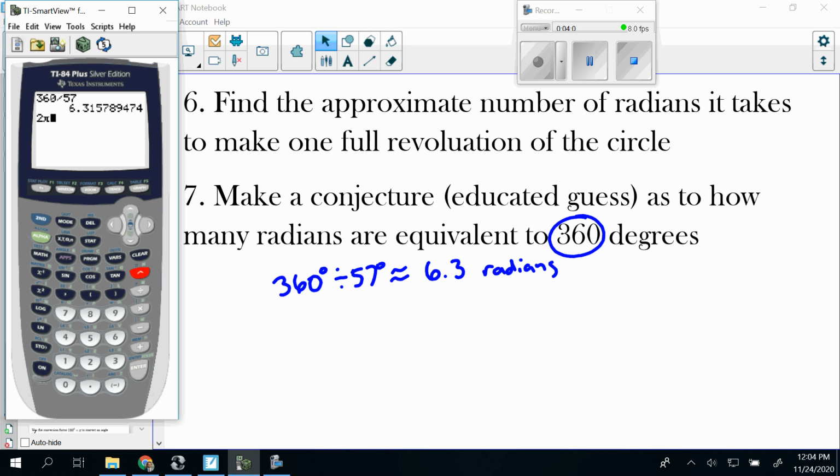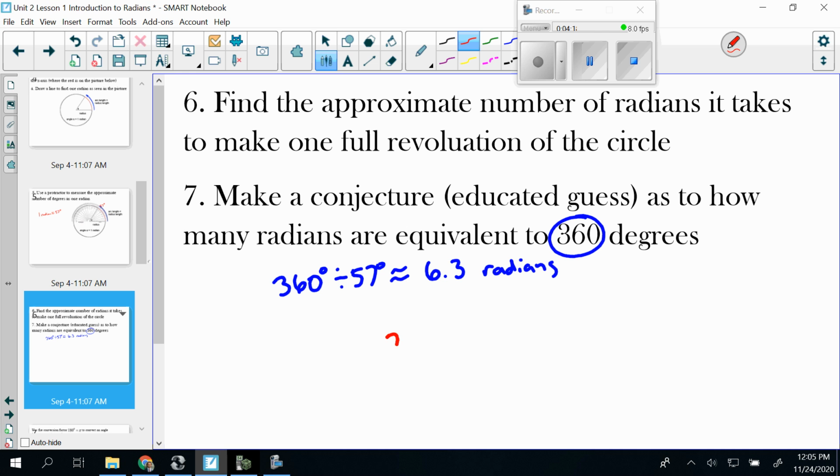If you enter 2 pi on your calculator, you can see that it comes out to a number very similar to that 6.3 we came up with. In fact, if you round it to the tenths place, it is 6.3. And so there's exactly 2 pi radians around a circle.